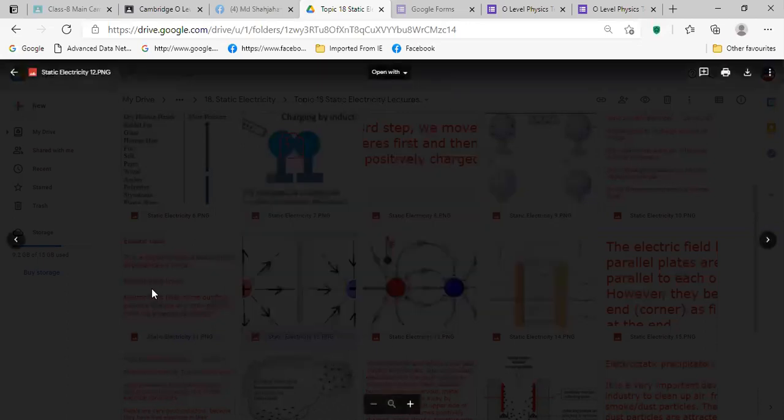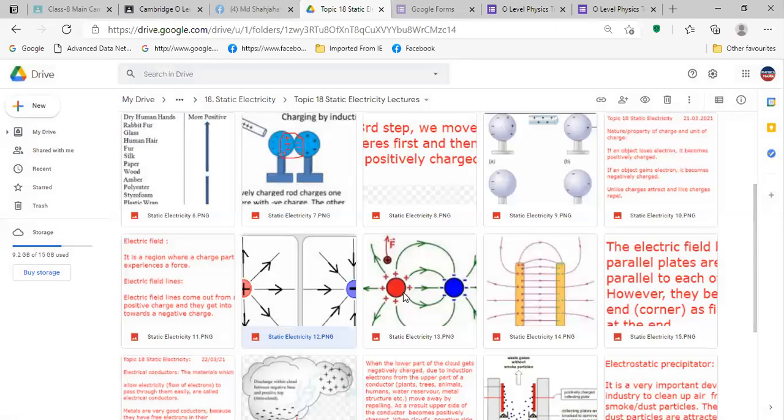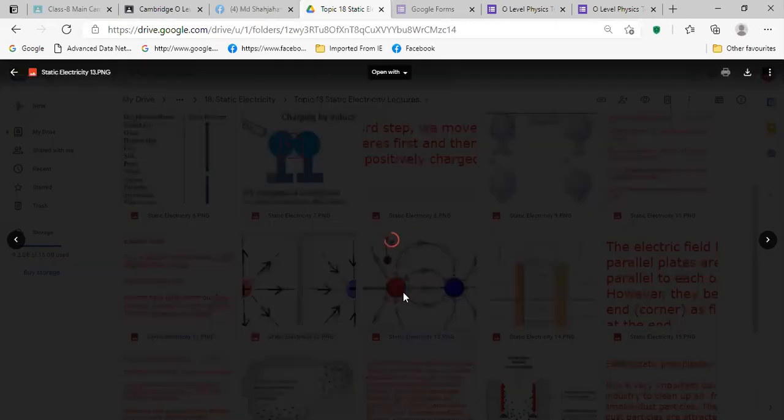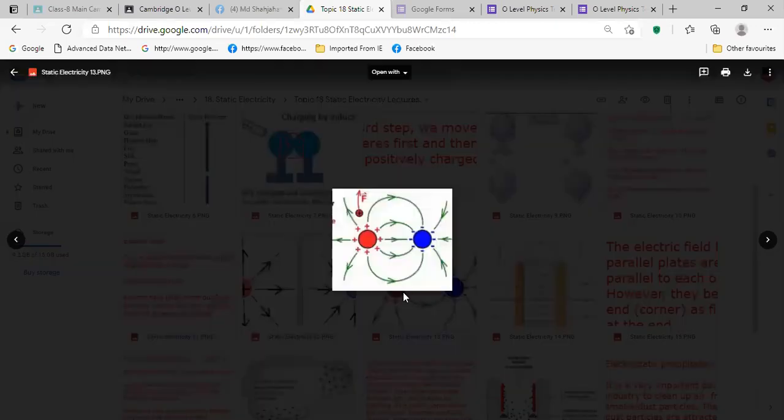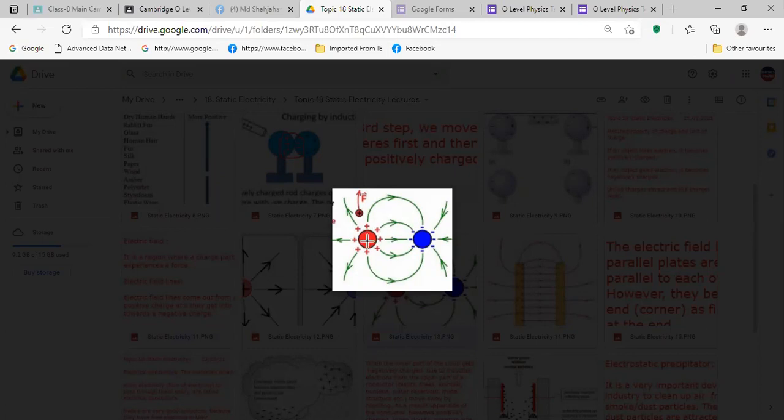Okay, now if two charges, one is positive, another one is negative, they are brought closer to each other, how the field lines will work is shown here. You see the red colored one, that one is positively charged. The blue colored one is negatively charged.